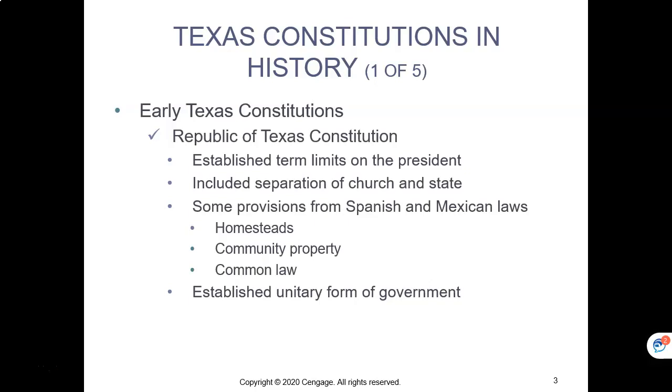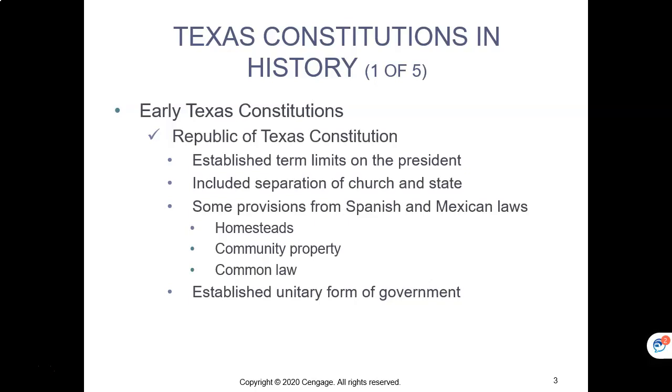They adopted, and this is really English law, this concept called common law. And what common law is, the simple definition is judge-made law. Basically, law by tradition and not necessarily written down in a law book.